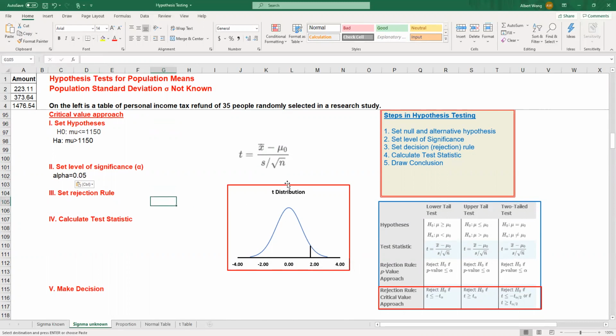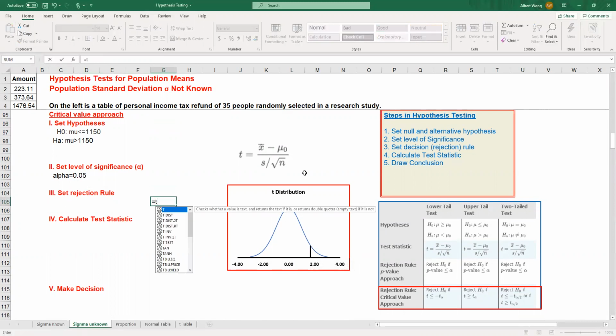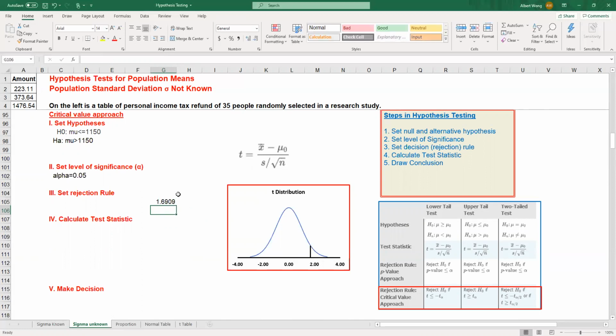We do that by using equals t dot inv. If this is 0.05, this area is 0.95. So drawing a picture, you can see that you should use 0.95, degree of freedom equal to 34, and that's it. And the number is 1.6909. So we say reject H0 if the t statistic is bigger than 1.6909.